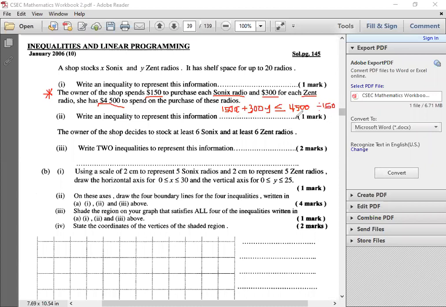When you divide it by 150, you get x plus 2y being less than or equal to 30. So that's how we get our x plus 2y less than or equal to 30. Everybody understands that? Yes, sir.